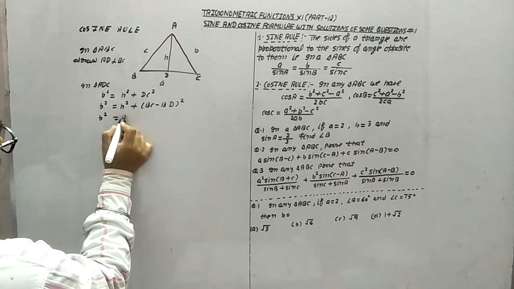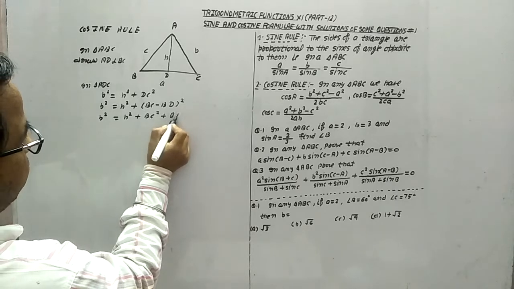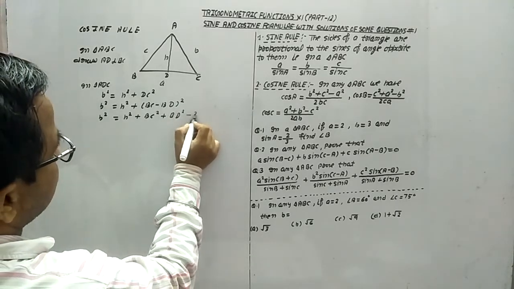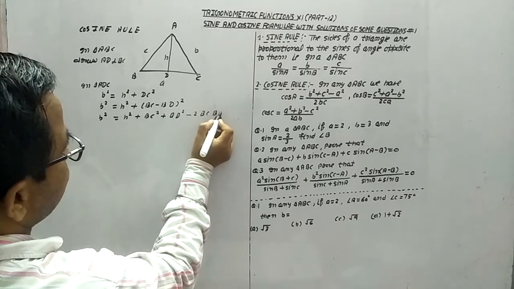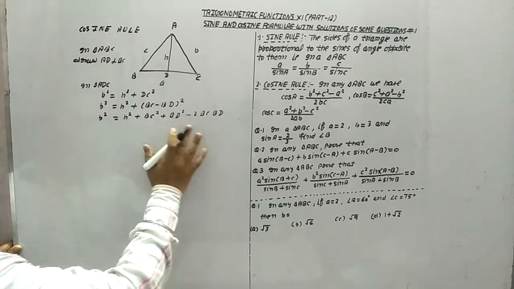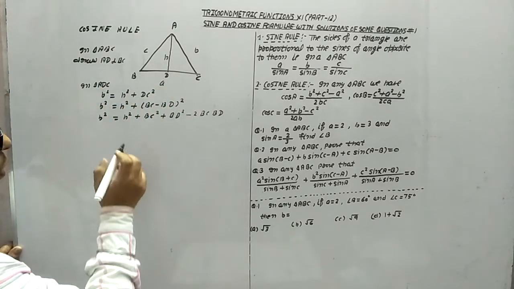It means b square is equal to h square plus BC square plus BD square minus 2 BC into BD. Now look at this thing. We have to find out the value of BD also. And how will we find out the value of BD?